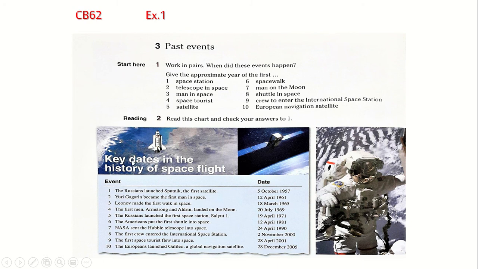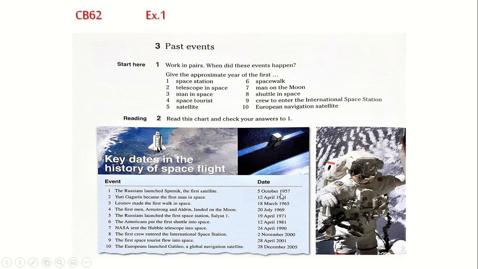Okay, as you see from the pictures here, this is the space shuttle, there is a satellite, and this is a spacewalk. So let's look at the 10 events. Number 1, the Russians launched Sputnik, the first satellite. So this is the first satellite, and when was it?